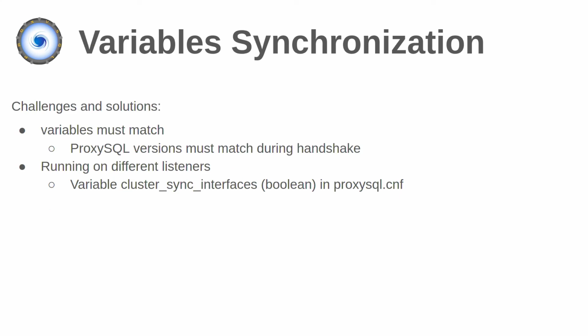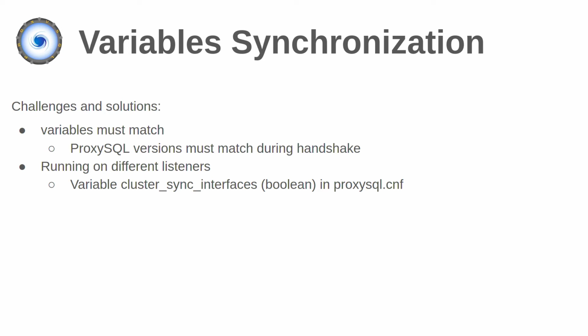So before I was showing that you can run multiple proxies on the same server, but on different ports. The way we do this is that we define a new variable called the ProxySQL sync interface. If this variable is set to false, it will not synchronize any variables that are relevant to where the listeners are listening.